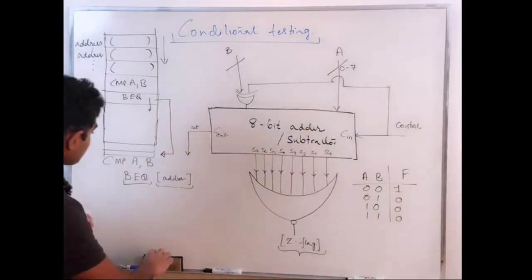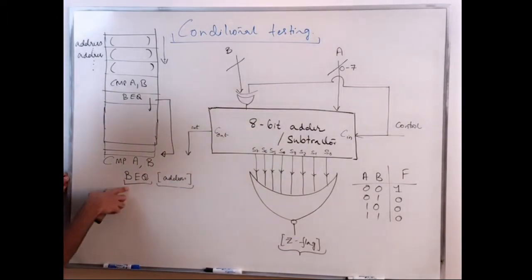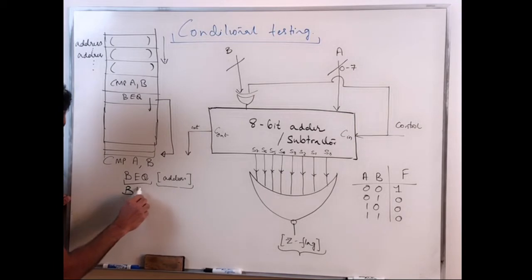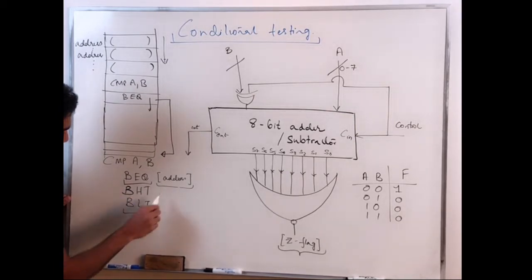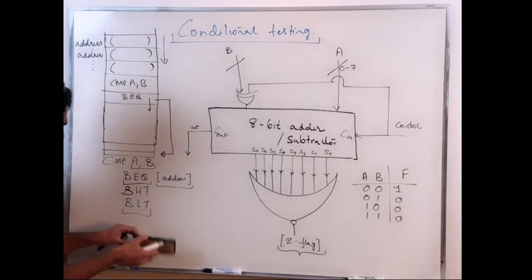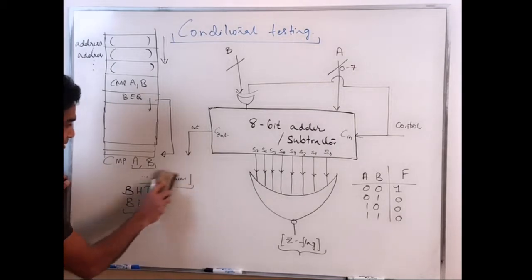Now, similar to the branch if equal statement, I can also have branch if higher than, or branch if lower than. Again, depending on A and B, I can write similar branch statements for other condition testing.